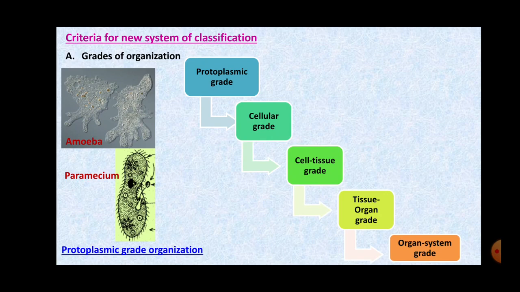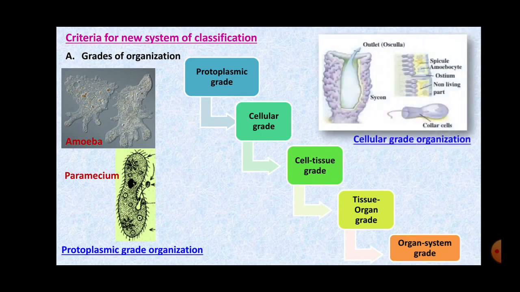Okay, so their body organization is cellular grade organization. There are multiple cells but tissues are not formed yet. So they are grouped under cellular grade organization, your phylum Porifera. And one of the organisms from Porifera is Sycon. This we will be studying further.